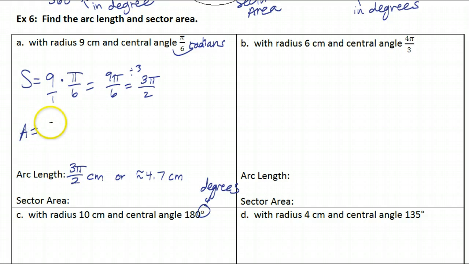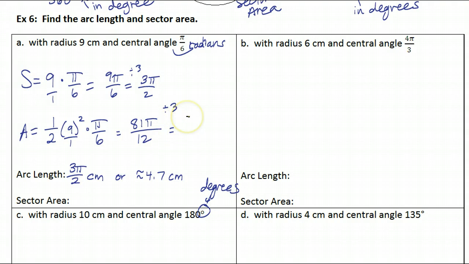The area is 1/2 times my radius squared times my angle. I'm writing it kind of funny, but remember, that's really over 1 if it's just a plain number. So 9 squared is 81. 2 times 6 is 12. And before you grab your calculator, think, well, I know 81 and 12 both can be divided by 3.